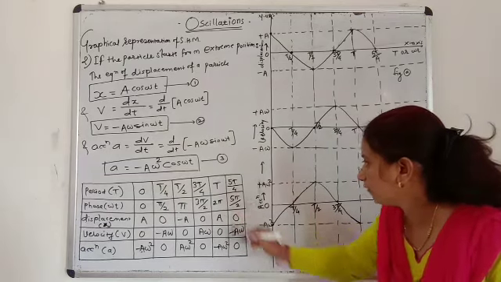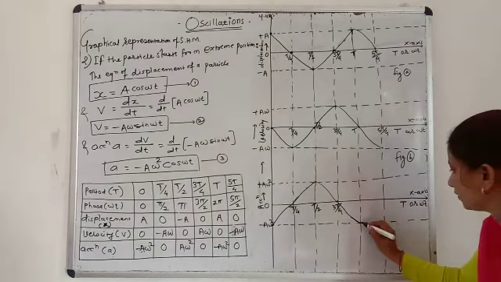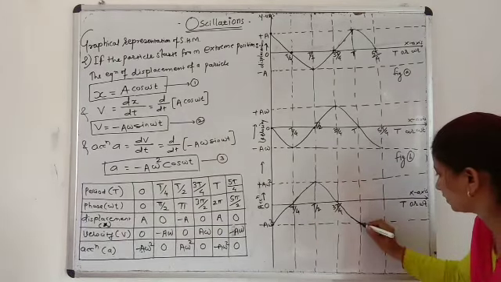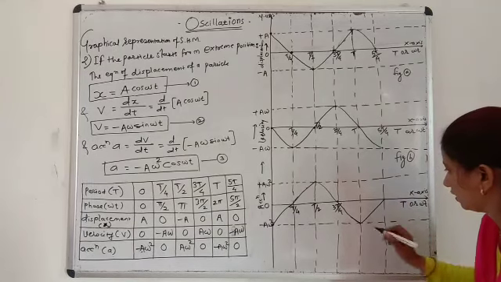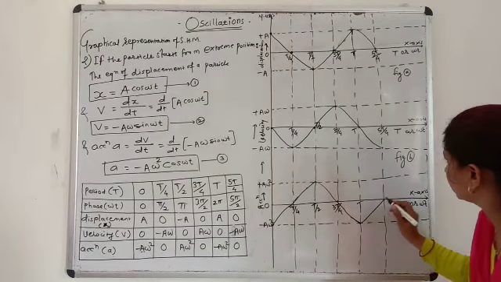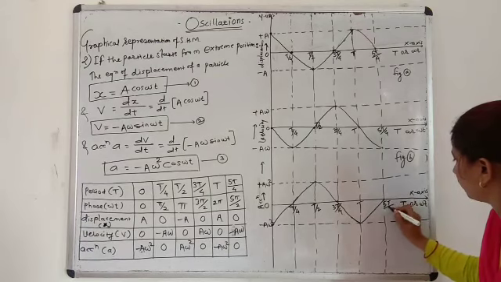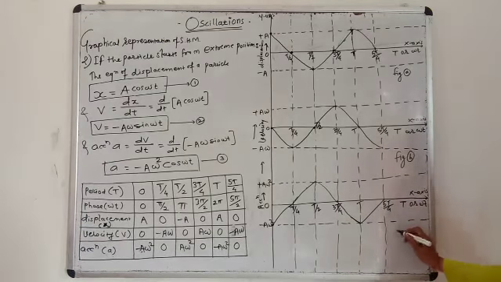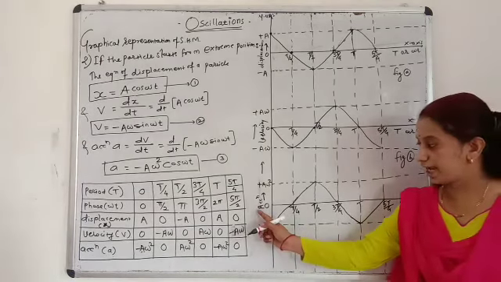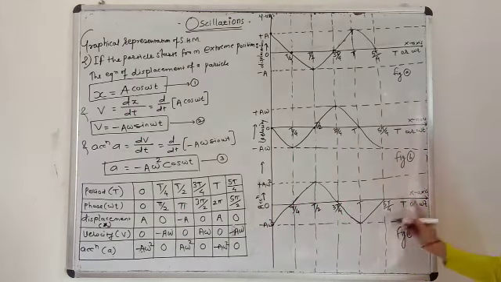Then again for 5T by 4, it becomes 0. Okay, 0 is here. This is T, this becomes 5T by 4. So this is the figure C, and this figure C shows the graphical representation between acceleration versus periodic time.